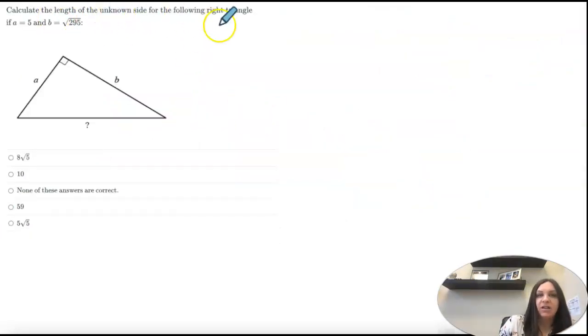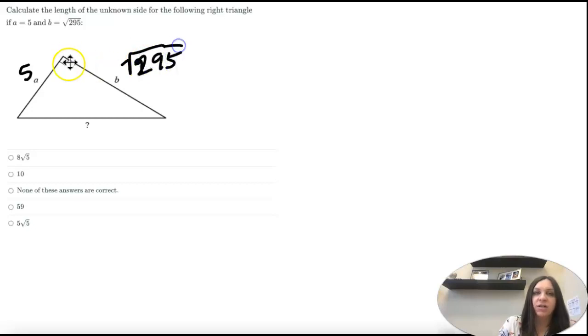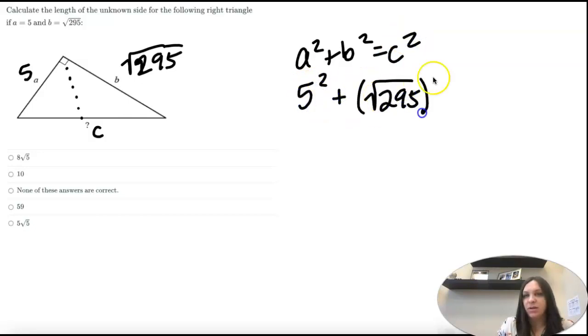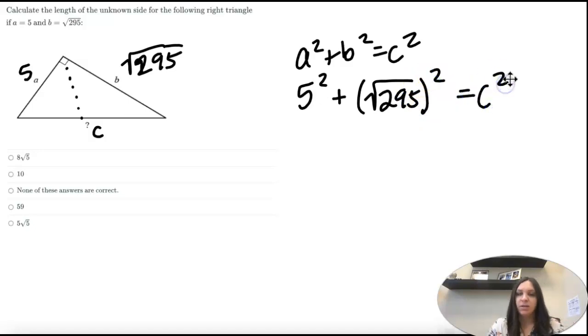Calculate the length of the unknown side. So A and B, they give us. We're trying to find, 295. We're trying to find C, the one across from the right angle. So A squared plus B squared equals C squared. 5 squared plus the square root of 295 squared equals C squared.